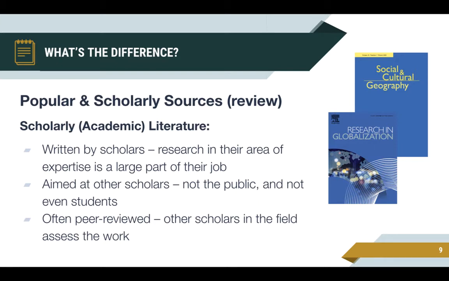And it's often peer-reviewed. In the description for your assignment, where you're being asked to find peer-reviewed articles, this basically means that other scholars in the field have assessed the work through a rigorous process, and it has passed through that process.